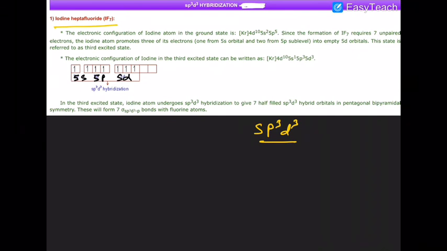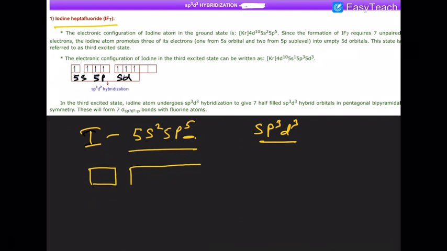What happens in iodine? In the ground state of iodine, you have 5s2, 5p5. But what happens is that two of the p electrons are excited, and one of the s also. Remember that this is the ground state.